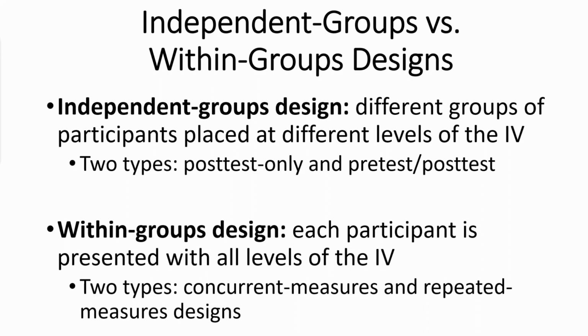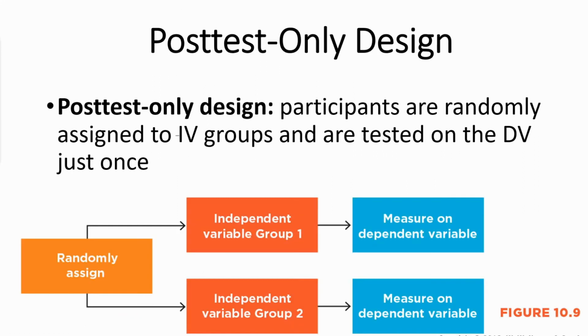So with our pasta example, maybe you get participants to come in twice. And the first time you show them the large pasta bowl. And then the second time they come in, they have the medium pasta bowl. And you want to see how they change their response each time. And when we talk about the within groups designs, we're going to talk about concurrent measures and repeated measures. But we're going to focus on the independent groups first, and then we will come back to our within groups.